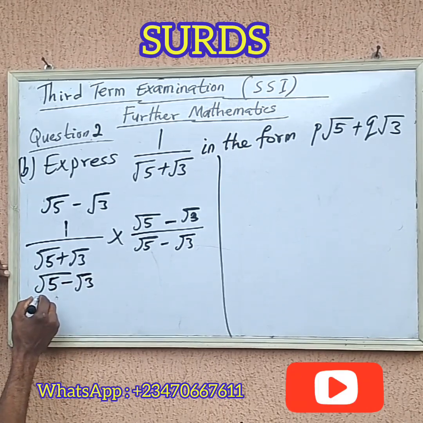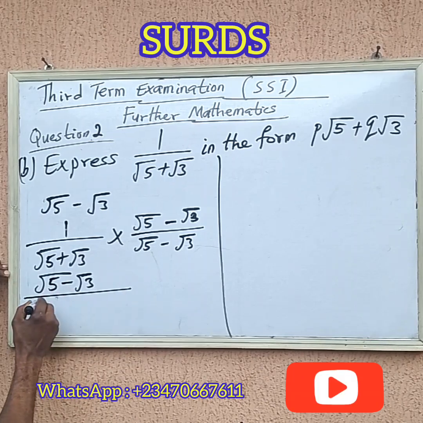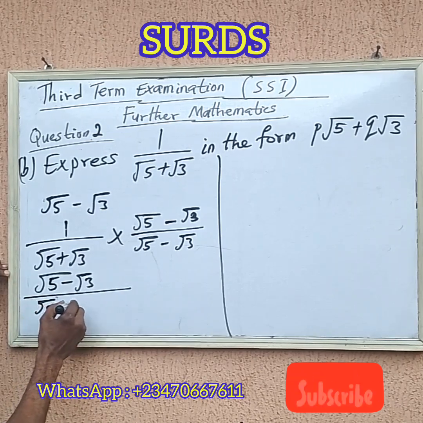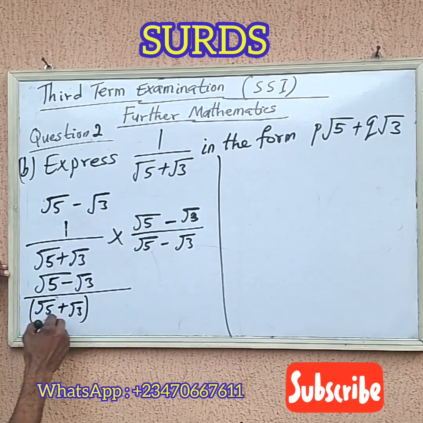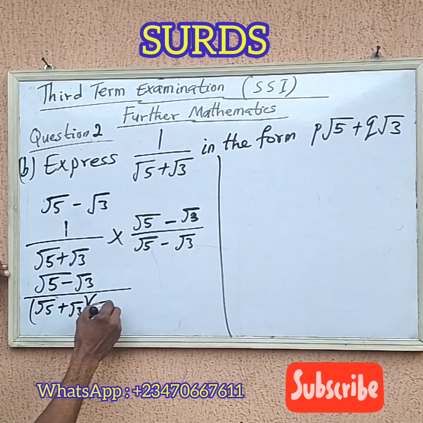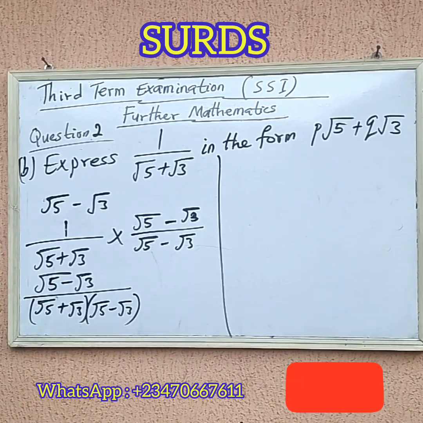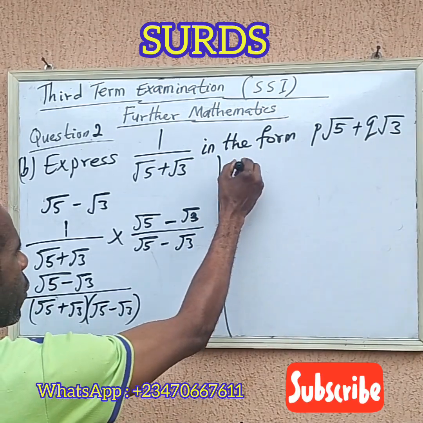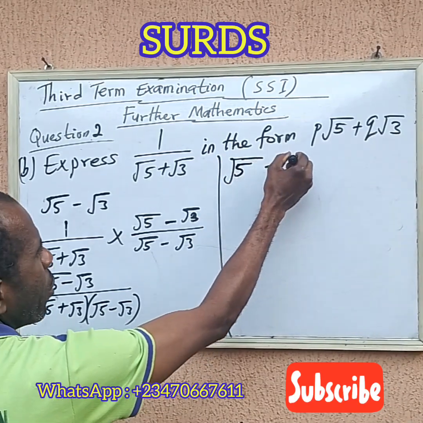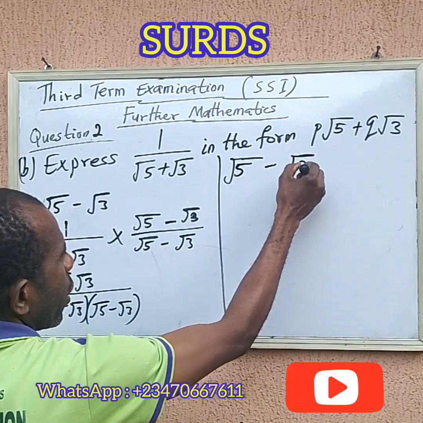Now, all over square root of 5 plus square root of 3 multiplying square root of 5 minus the square root of 3. Good. Now, let us multiply. The numerator will remain the same, the square root of 5 minus the square root of 3.